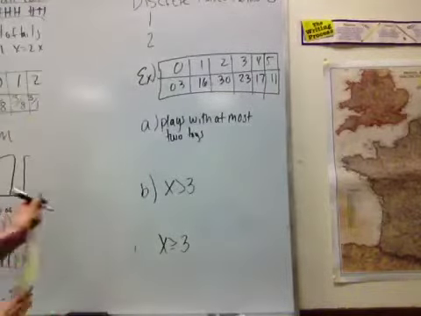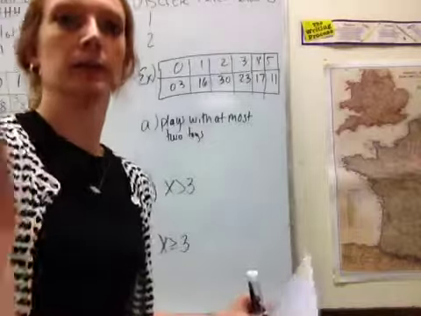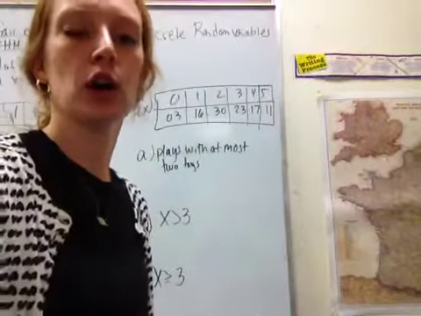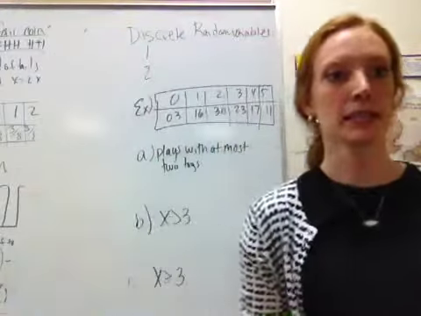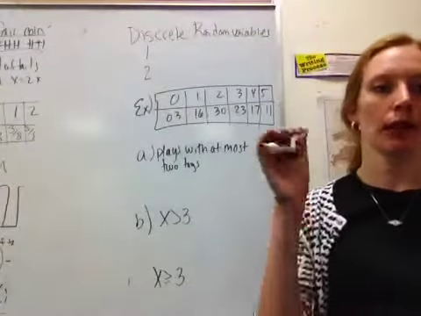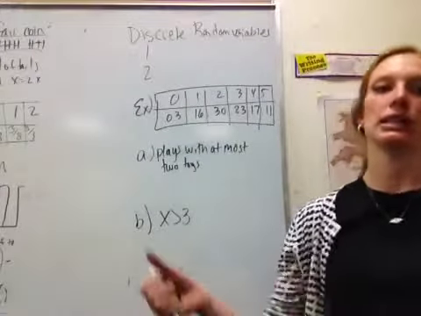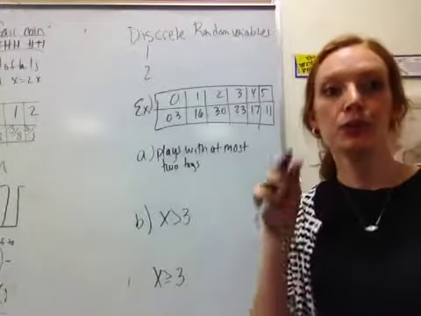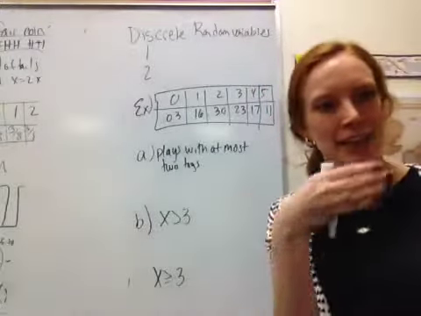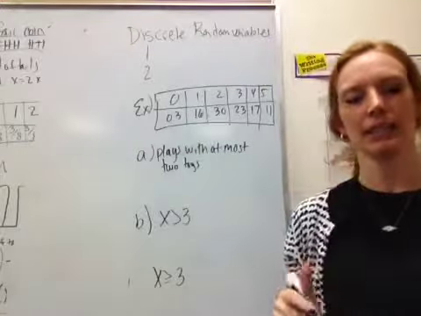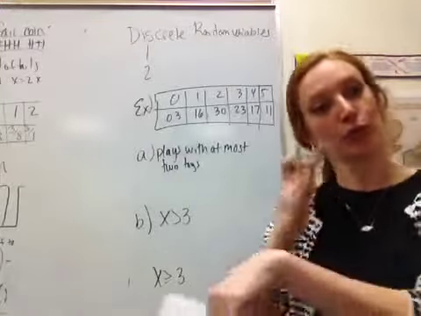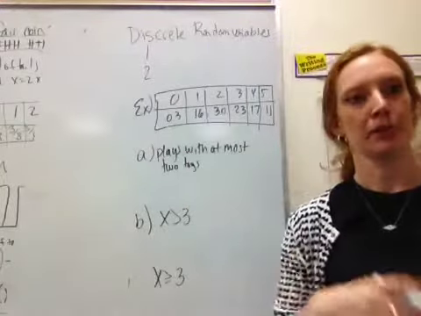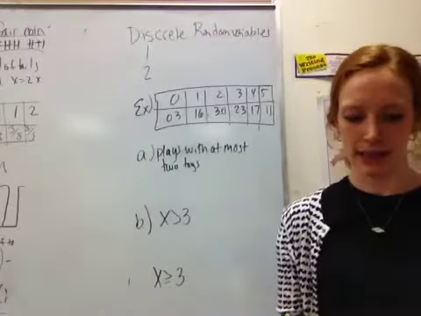Discrete random variables are variables that can only occur in whole numbers or whole increments. So with discrete probabilities, you can either be a girl or a boy. You can either get 0 tails, 1 tail, 2 tails, or 3 tails, right? It can't have any of that fluidity in it. We talked about discrete versus continuous at the beginning of the year.